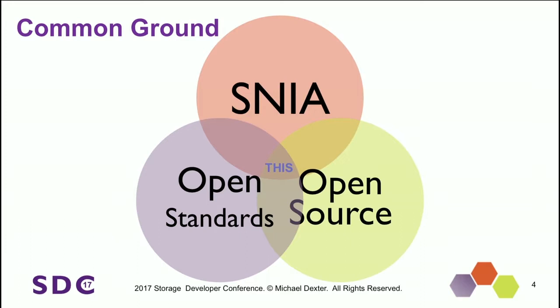So your mileage may vary in any given goal or attempt to implement a standard, but as I mentioned with that TCP/IP stack, there are ways to have the definitive global, for a certain period of time, standard with a fully open implementation. So right in the middle of those is what I've labeled as this, the convergence of those and the overlap, which is where I operate most, and I'd hope many of you can find interest in operating in that space.